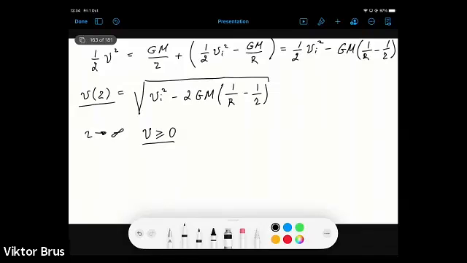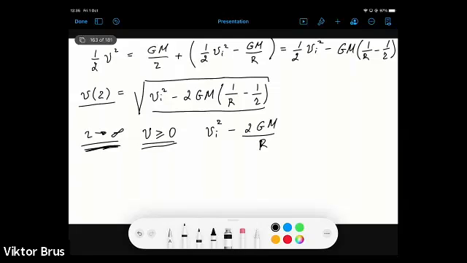So in this case, if in addition we consider that distance approaches infinity, then from this expression under the square root, we can see that in order to satisfy this condition, V initial square minus 2G times M divided by R. So we don't write this 1 over small r, because we assume that small r approaches infinity, so 1 over small r approaches 0.